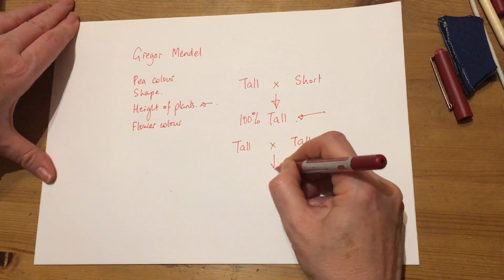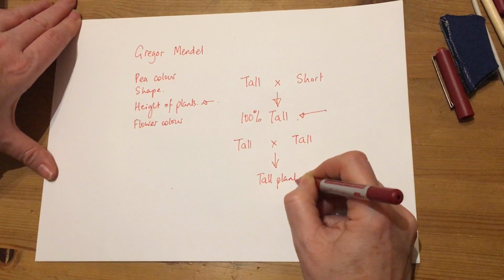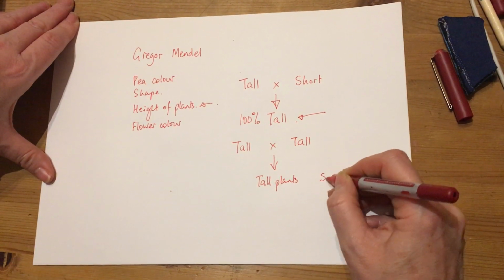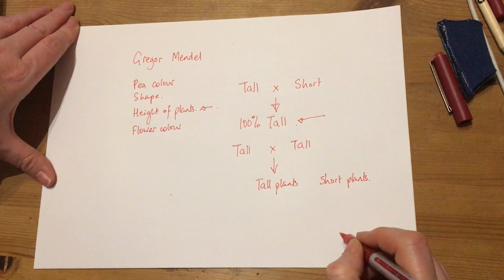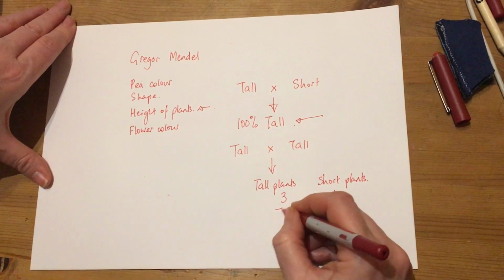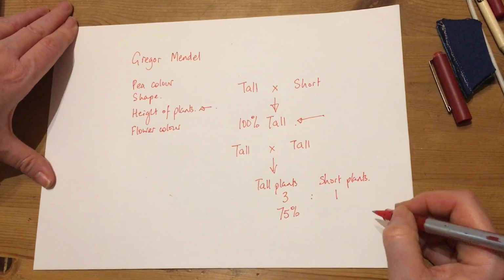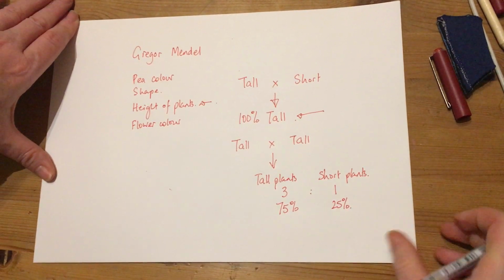And what we get is some tall plants and some small plants, the short plants, in a ratio of 3:1. So 75% of the offspring were tall and 25% were short.